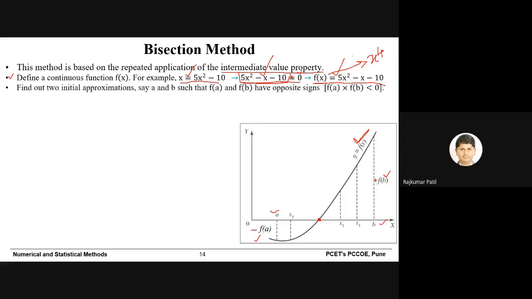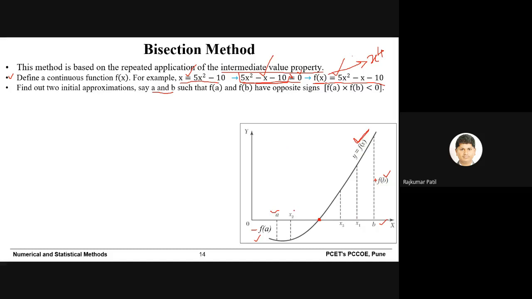The second step is to find two initial approximations. As I mentioned, the bisection method is a bracketing method, and in that we need two initial approximations which bracket the root. That is, between these two initial approximation values, there must be a root. Let's say in this example, A and B are the two initial approximations.